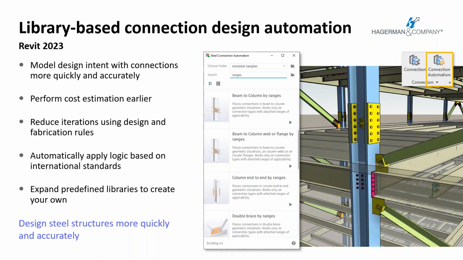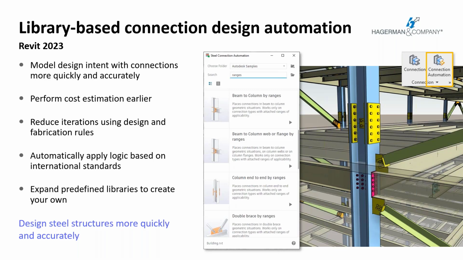So you may use the member end forces dialog to specify internal forces and moments for steel connections. Your model can also use structural analysis results imported into Revit from Robot Structural Analysis, Professional, or third-party tools.